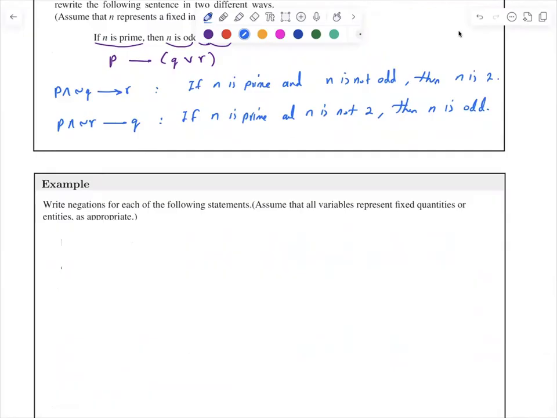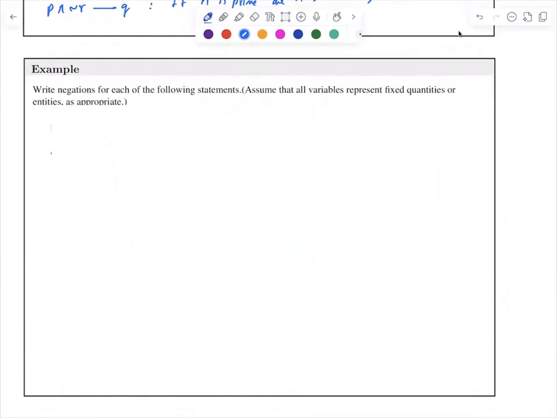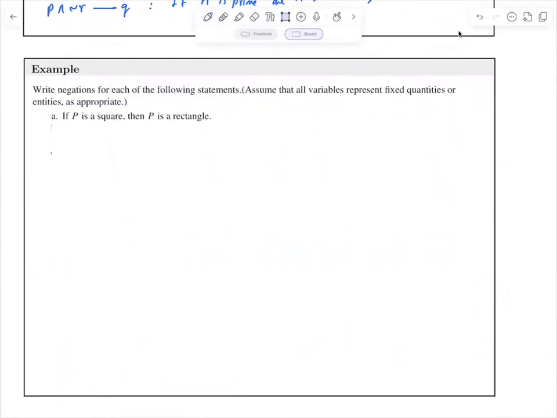Let's take a look at the next example. I'm going to write the negation of each of the following statements here. The very first statement says if P is a square, then P is a rectangle.